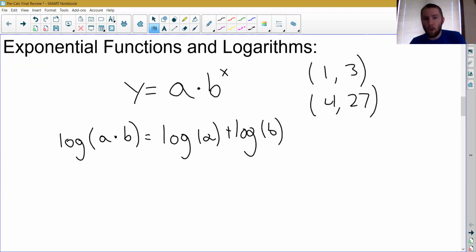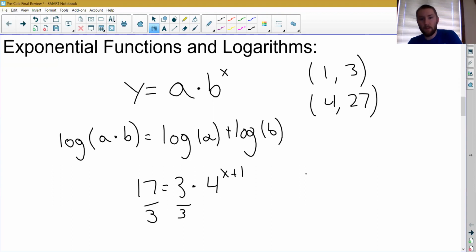But we also used logs, remember, to solve exponential equations when we had, let's say, 17 is equal to 3 times 4 to the x plus 1. And we divide by 3 and divide by 3, and so 4 to the x plus 1 is equal to 17 over 3, which would be 5.6 repeating, right?